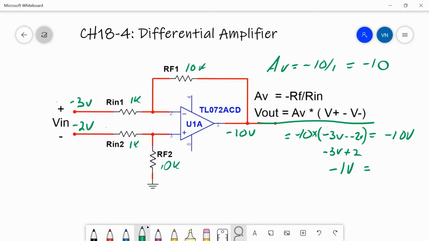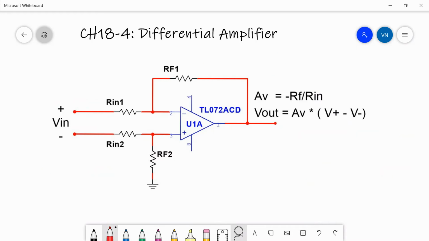So you have minus 10 times minus 1 volt, and now your output would be positive 10 volts. If V plus is more negative than V minus, the difference between the two input voltages is minus 1 volt, and you get a positive voltage out of it.